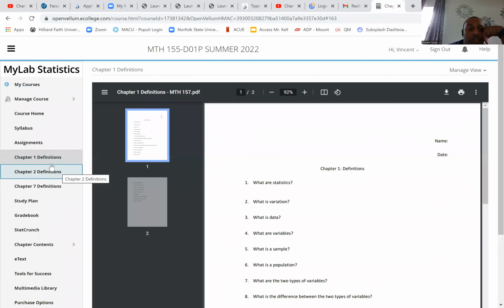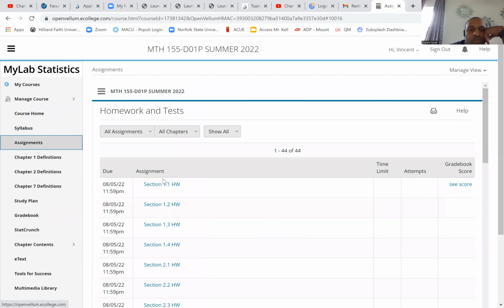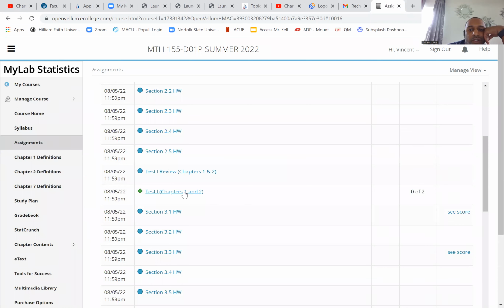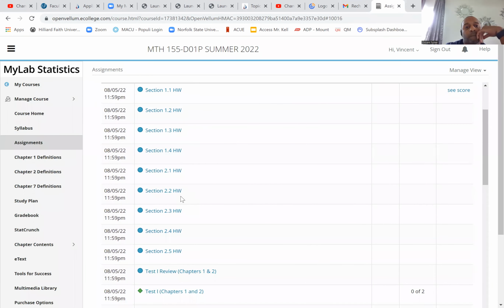Either way is fine, just email them to me as far as those definitions are concerned. Now your assignments are right here, right above your definitions. Here go all your homework assignments. And then you see your first test has already been posted. You get 2 shots there. All your homeworks are unlimited tries to get the best grade possible.